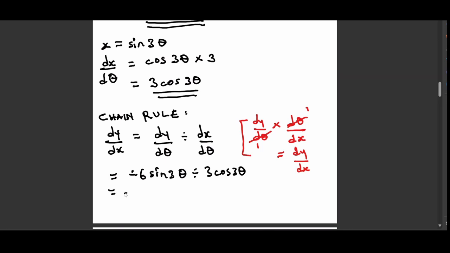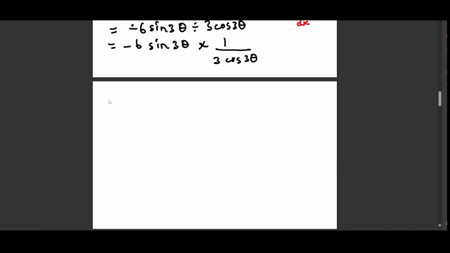This is equal to minus 6 sine 3 theta multiplying 1 over 3 cos 3 theta. This 3 cancels out this, and we now have minus 2 sine 3 theta multiplying 1 over cos 3 theta. Multiplying numerator by numerator, we have minus 2 sine 3 theta over cos 3 theta.